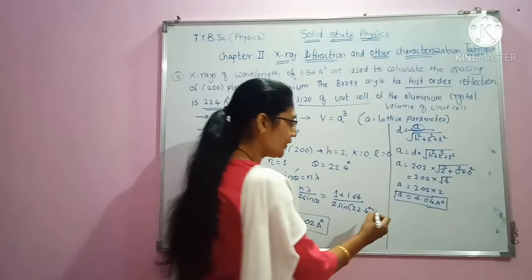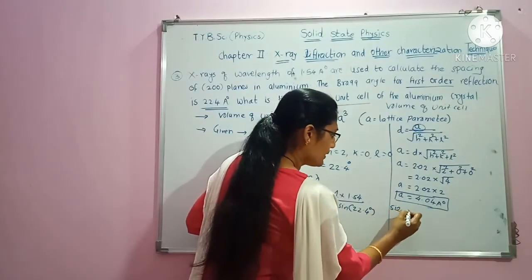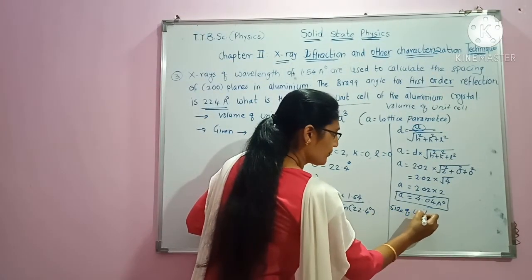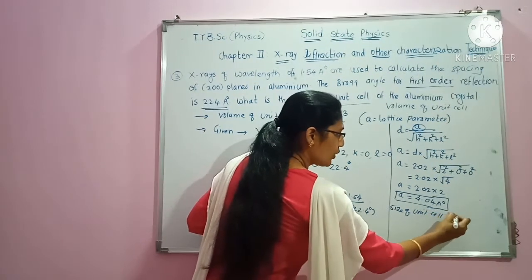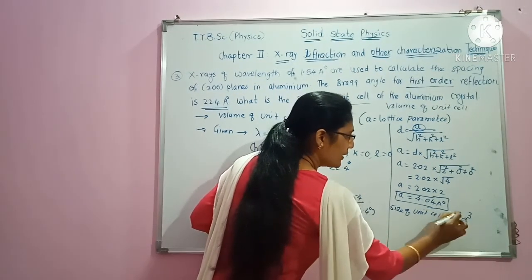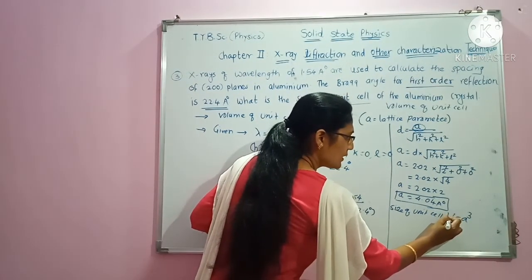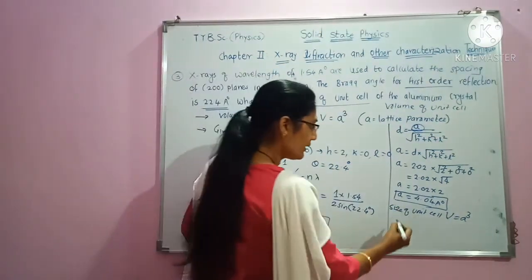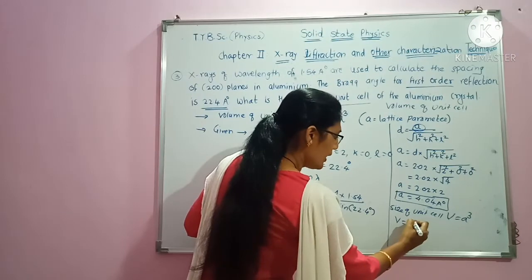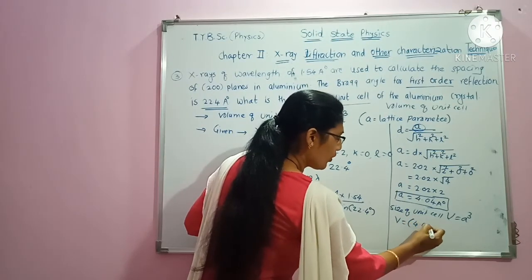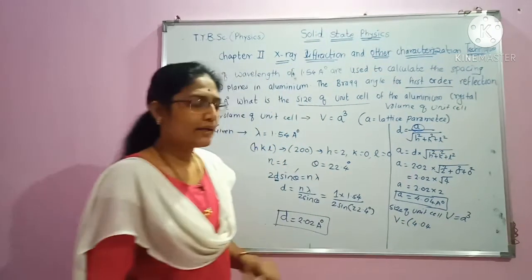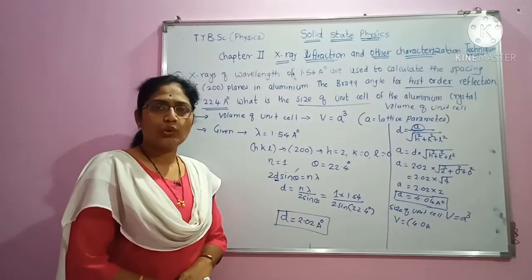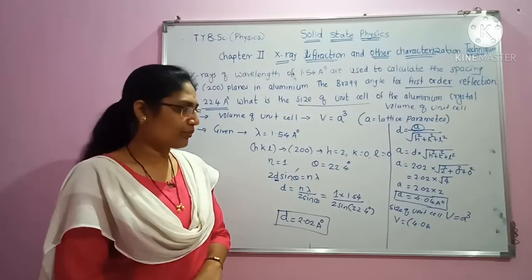So size of unit cell, that is volume, is equal to A cube. So take V is equal to A cube, means 4.04, and we know that we are not expressing volume in terms of angstrom unit.